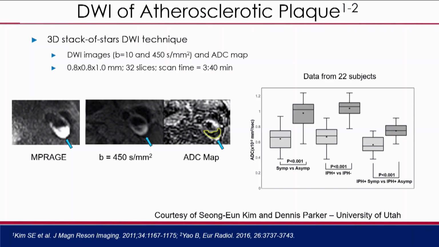And more important than that, they were able to look at what it means in subjects. So you can see that the ADC can separate between symptomatic and asymptomatic subjects, and more importantly, like here, the ones that have IPH versus the ones that don't.